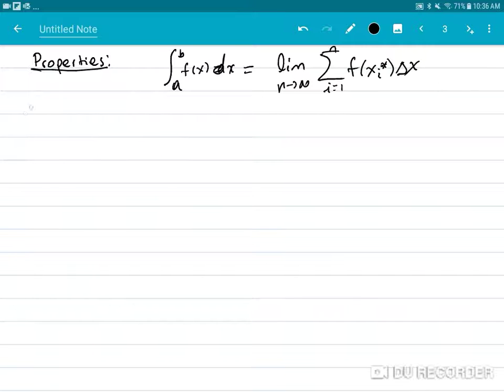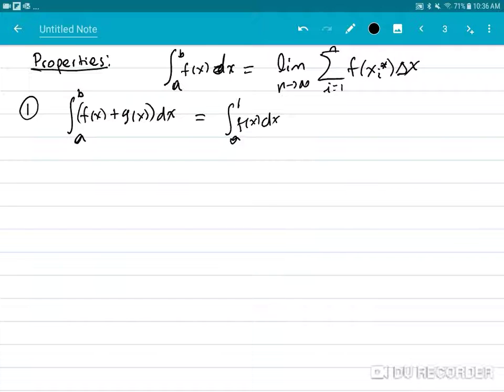So some of the properties, the first property is if you have two functions that you can integrate, you know the integral of each one, and you want to find the integral of the sum, you can then find the integral of the first function and the integral of the second function and add.